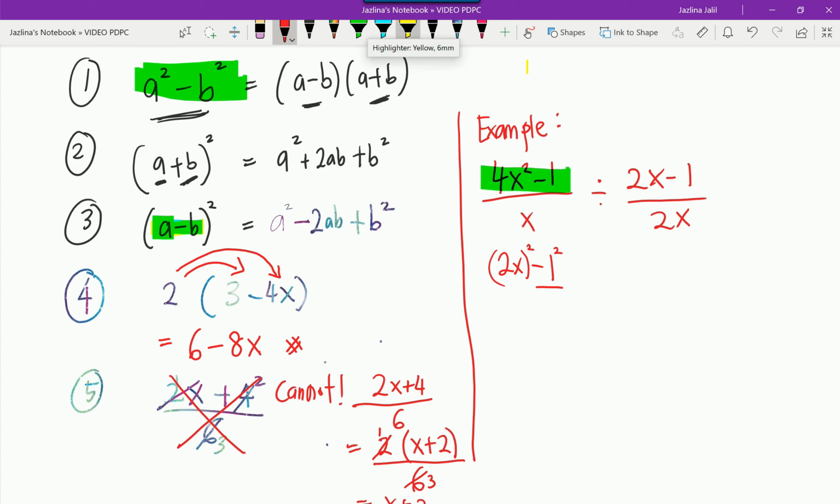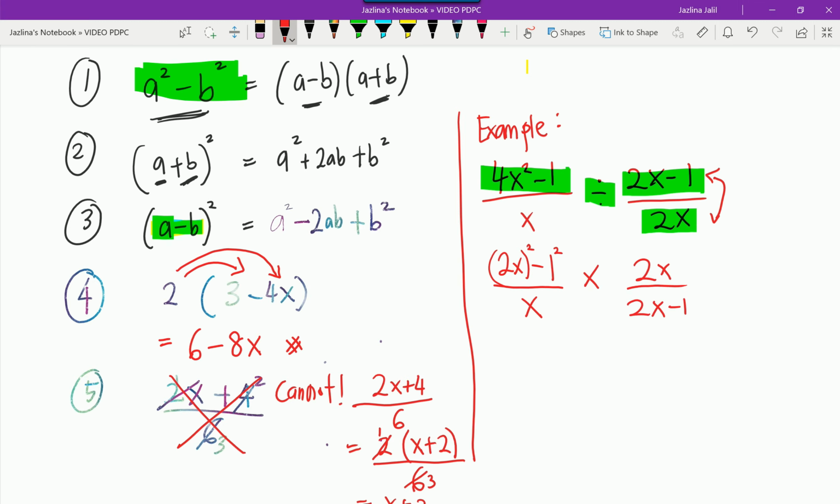Then you have to divide by x, and the next step is the divide here. You have to change it to multiply, and the fraction after the operation changes place, so it will be 2x over 2x minus 1.